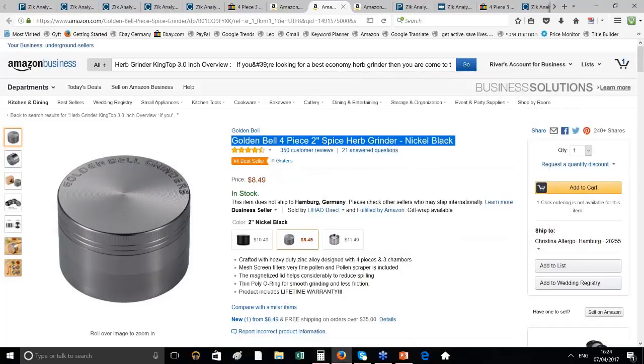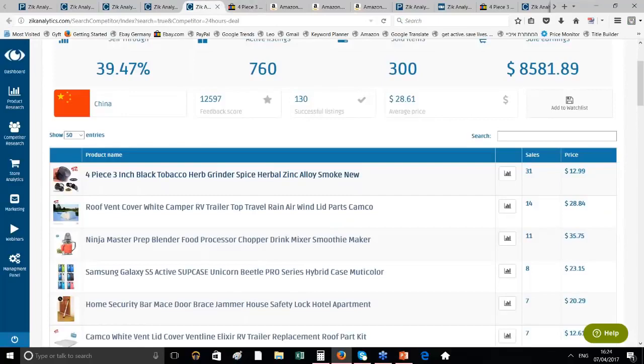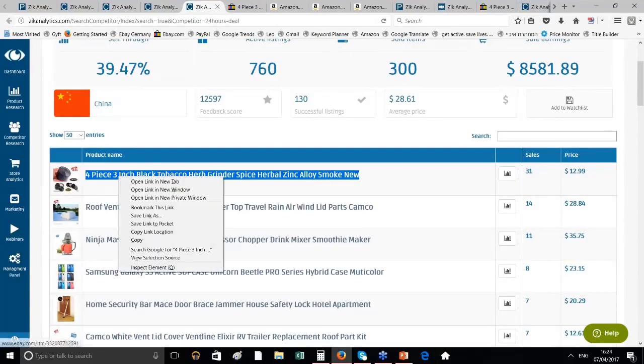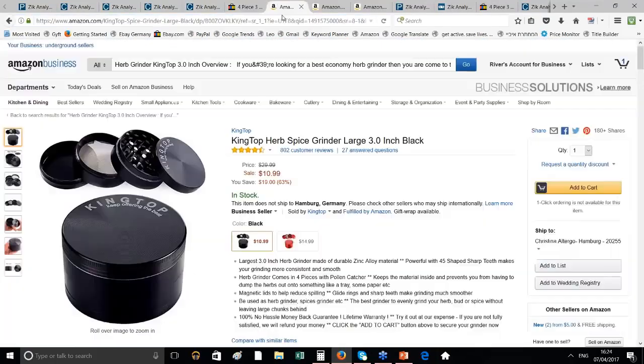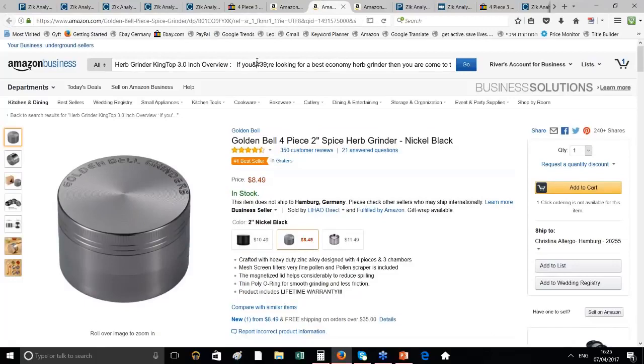We upload this item, but using this title. Okay. Now the only thing we do is just small changes. Sorry, it wasn't this one. This one is just small changes. This is a nickel black.